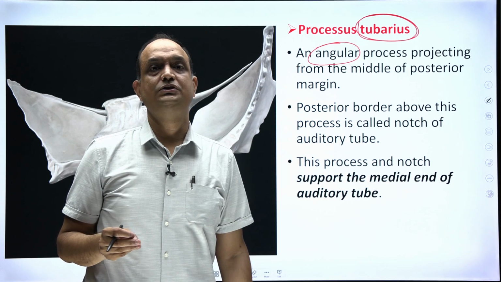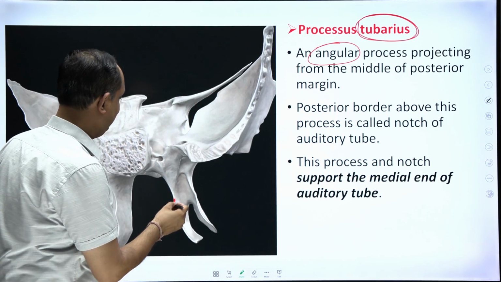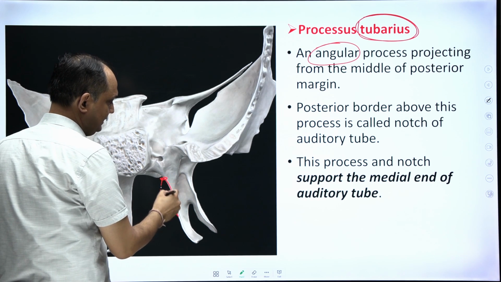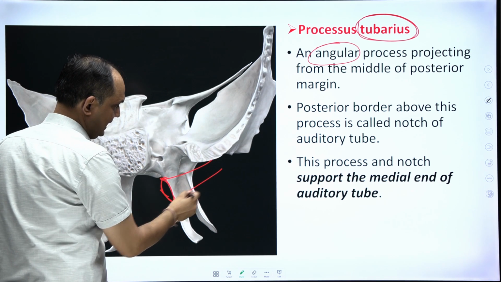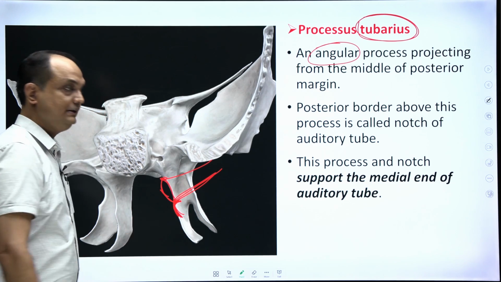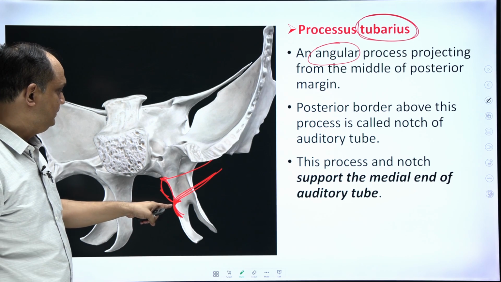Now you know that the eustachian tube medially has the cartilaginous part. So what happens is that the cartilaginous part comes here, and that part is supported by this projection. That's why this process is known as processus tubarius. So what is processus tubarius?